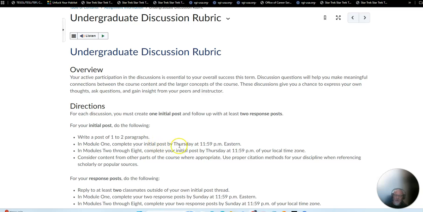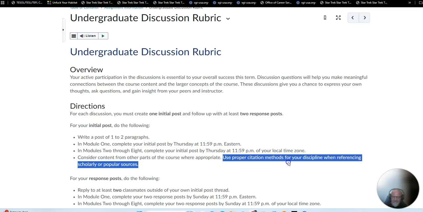In module one, you complete the initial post by Thursday, and then you complete the rest of them by Thursday. If you're a little late, don't worry. But for your initial post, and people often forget this, so I'm letting you know right now at the beginning: use a proper citation method for your discipline.